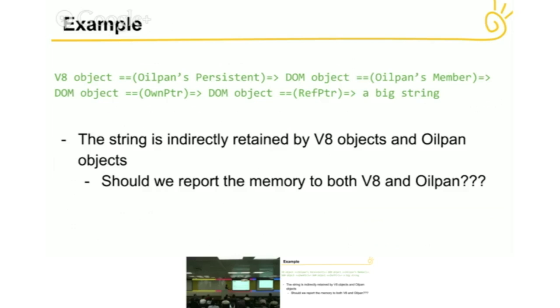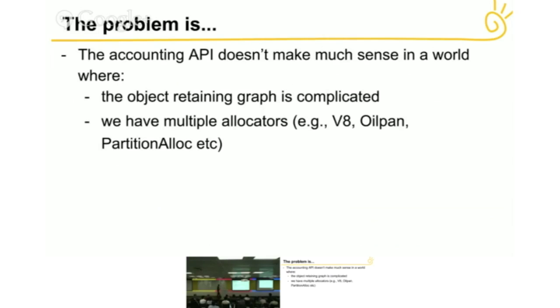However, it's unclear which allocators are charged for what. It's not clear whether we should report the memory to V8 or Oilpan or both. So the problem is the accounting API doesn't make much sense in a world where the object retaining graph is complicated.